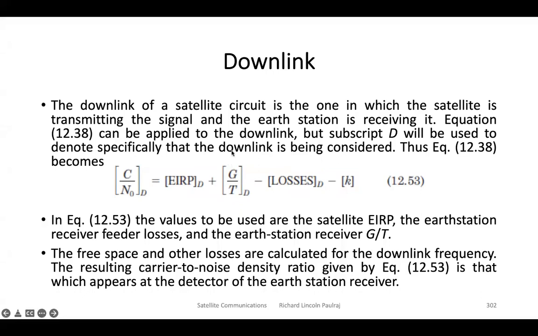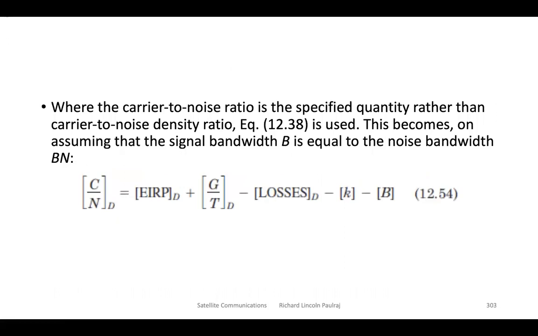With downlink, it's the reverse. The free space and other losses are calculated for the downlink frequency, and the resulting carrier to noise density appears at the detector of the earth station receiver. So whatever CNR values we apply are with respect to the earth station.